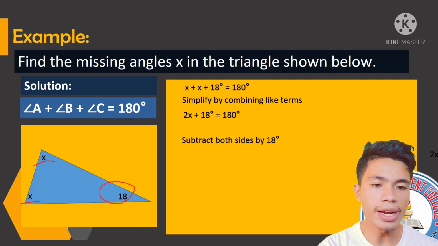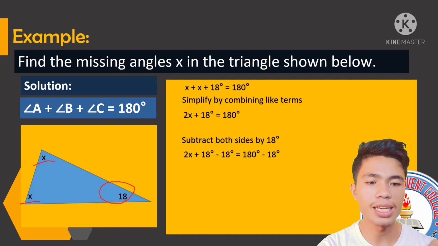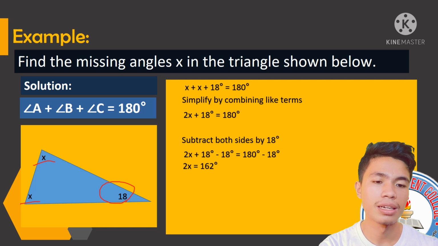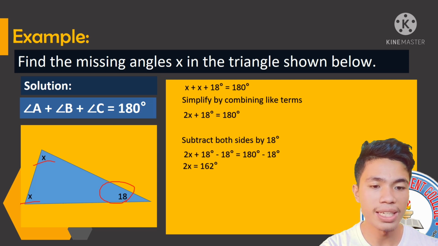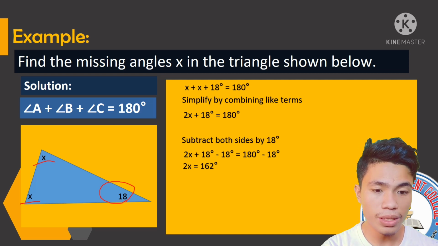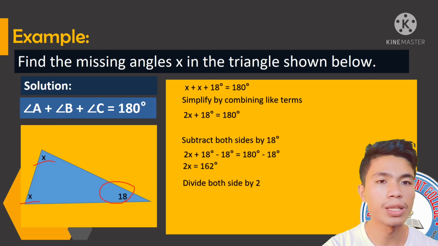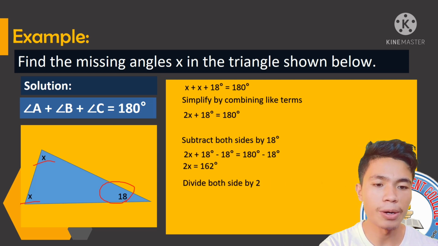So 2x plus 18 degrees minus 18 degrees equals 180 minus 18 degrees, so 2x is equal to 162 degrees. To find the value of x, we need to divide both sides by 2 so that x will be the only one remaining.